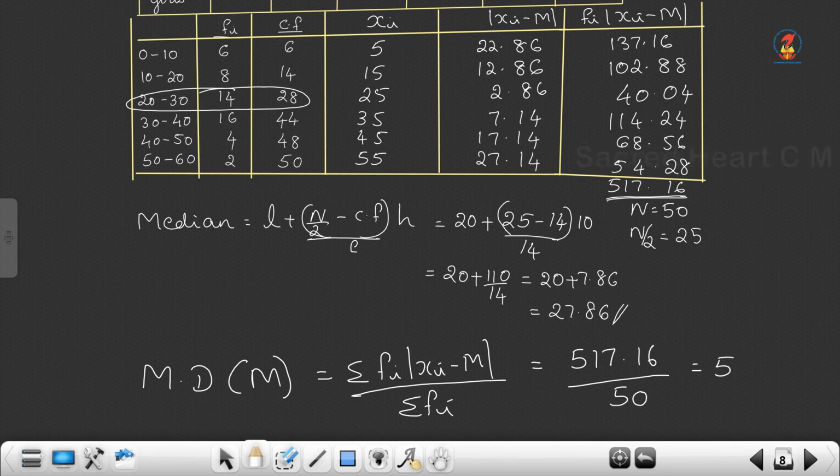So I can write 51.716 by 5. So it is 10.34. After the decimal point, 2 places is enough. That is the mean deviation about median. And one more.